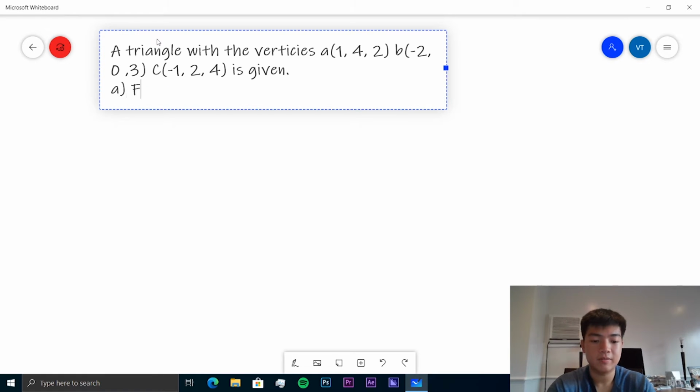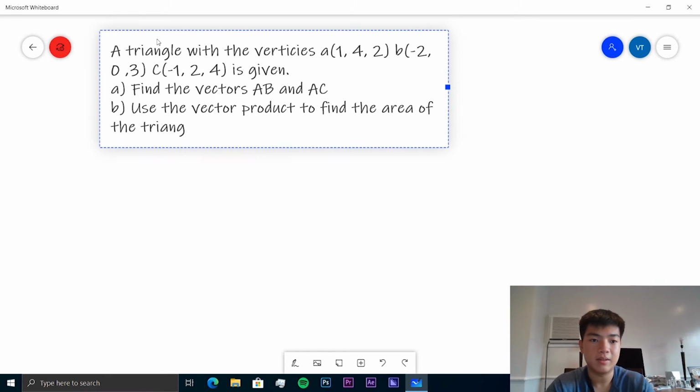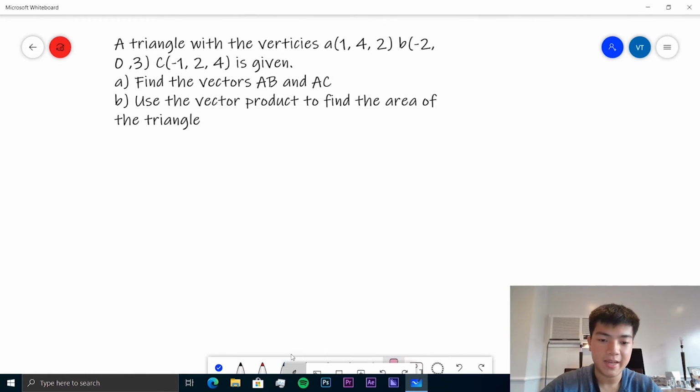So first, find the vectors AB and AC, and next, use the vector product to find the area of the triangle. Okay, so first let's find the vectors AB and AC.